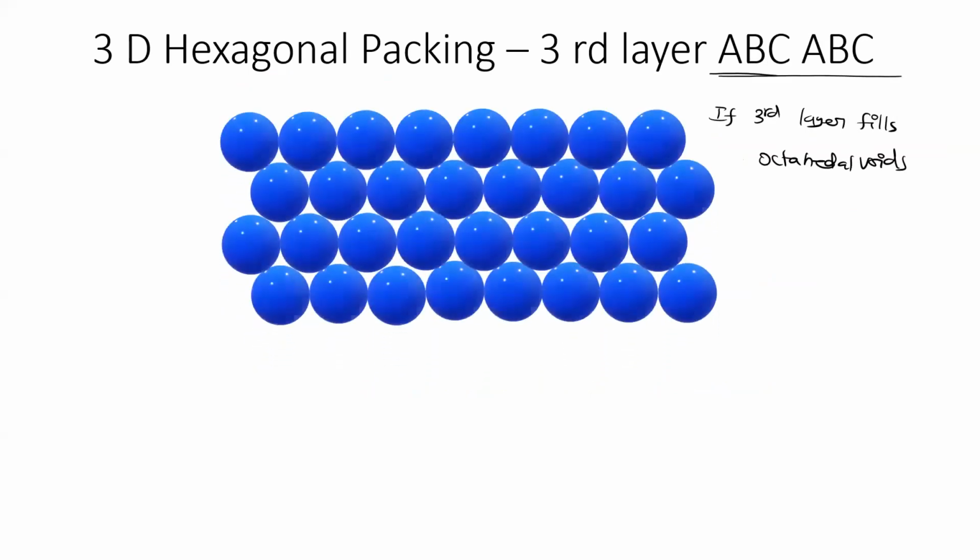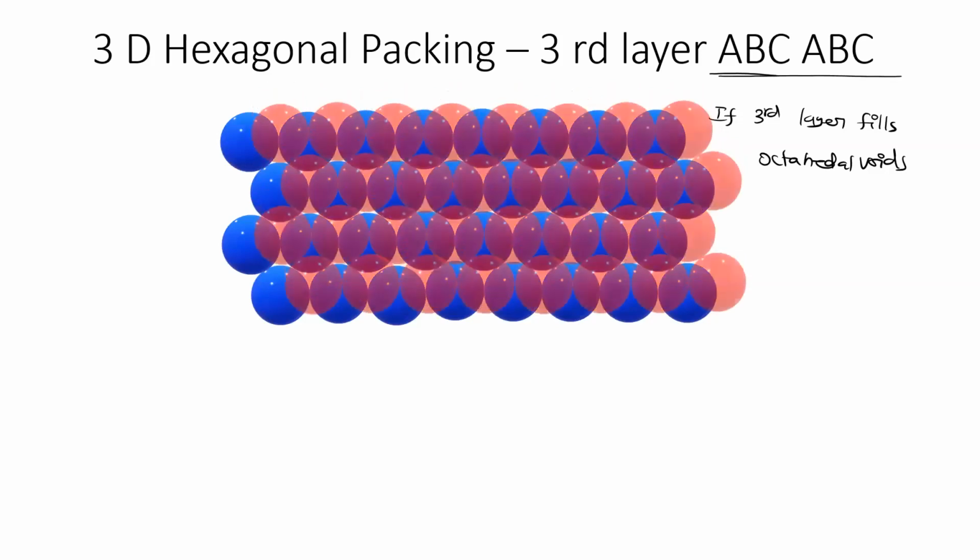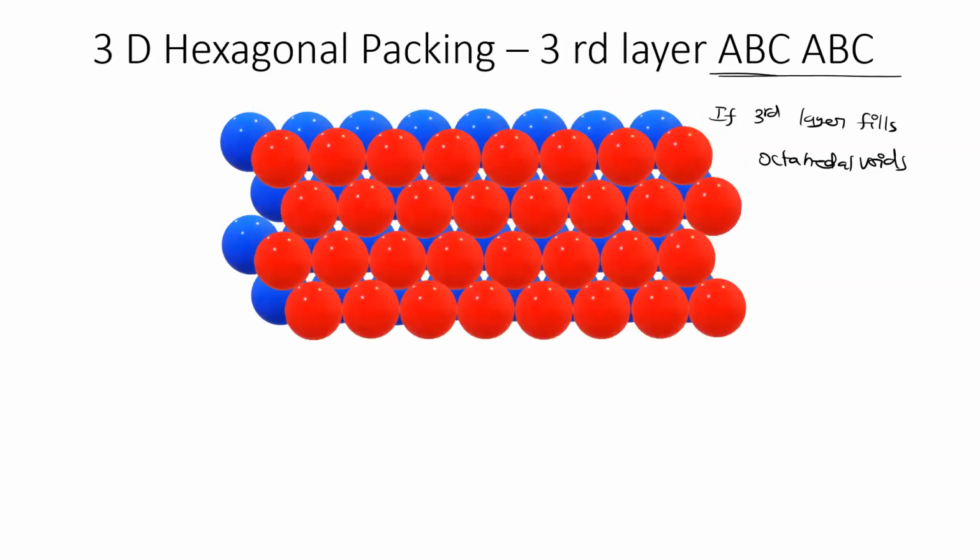The first layer is A, no problem. Second layer B. Now, the tetrahedral void. Where is the tetrahedral void? That white color space is called the tetrahedral void, the O-shaped void. Am I right? This is the tetrahedral void. Yes, sir. If I want to close it, is there any color behind that? No, sir. Nothing. So we are in need of a new layer to close the tetrahedral void.